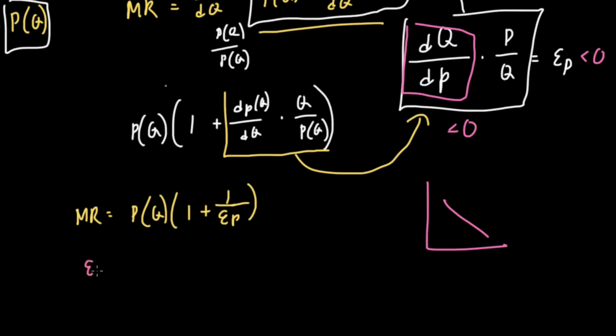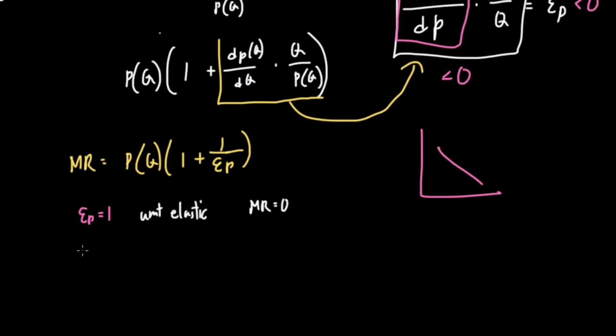So when EP is equal to -1, this is what we call, from consumer theory, unit elasticity. At this point, the demand is unit elastic, and at this point also, marginal revenue is equal to 0.